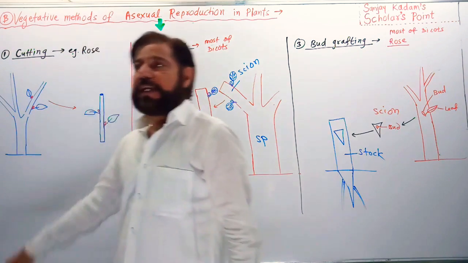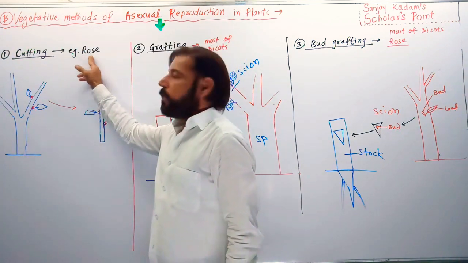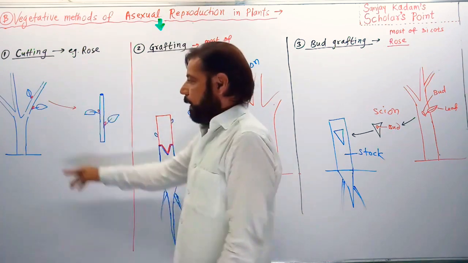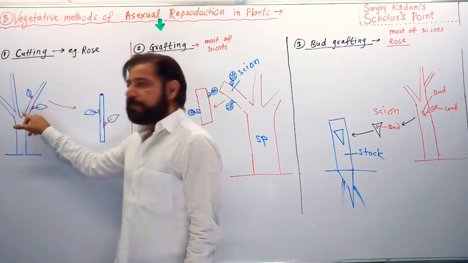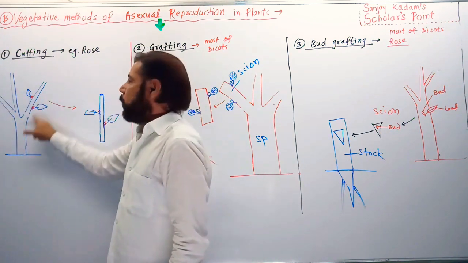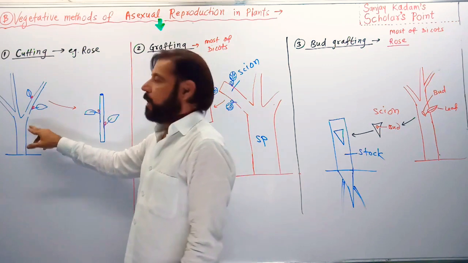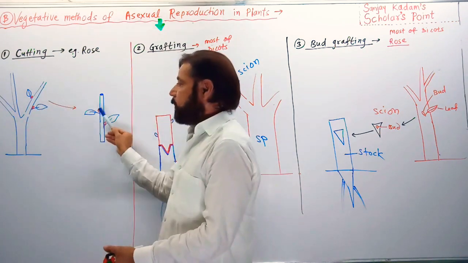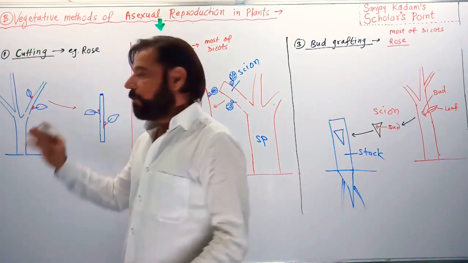Here, for example, rose is taken for stem cutting. Here is the plant of rose having branches. Out of that, one healthy branch is selected for stem cutting purpose, and this one is the stem cutting.